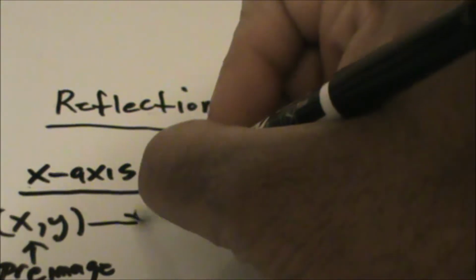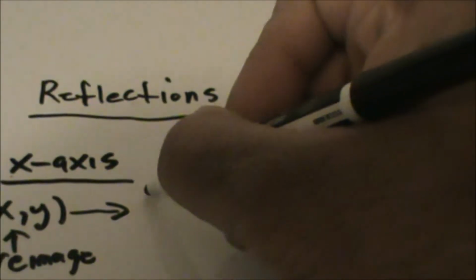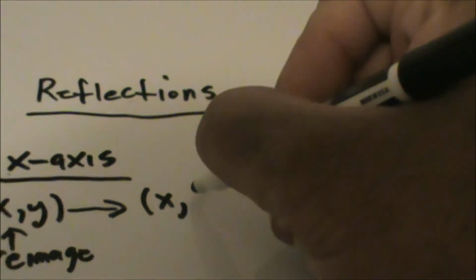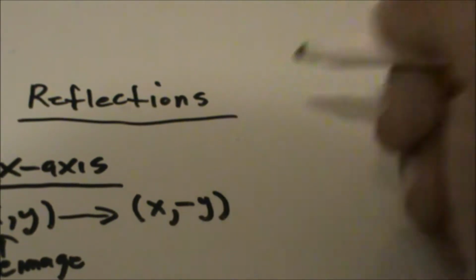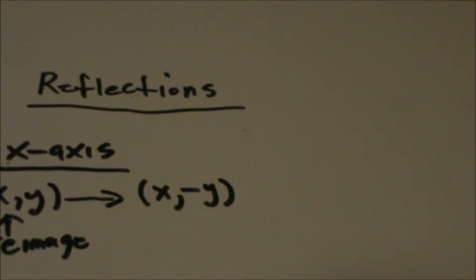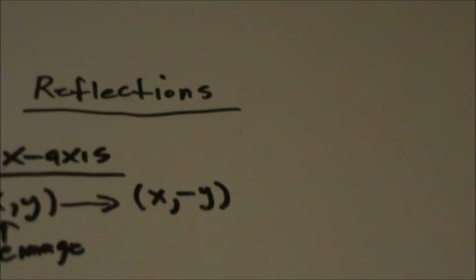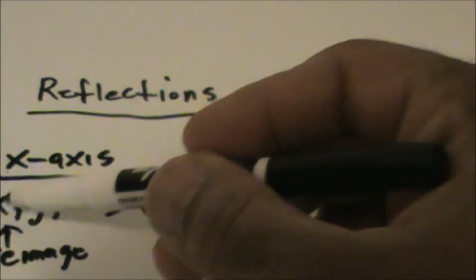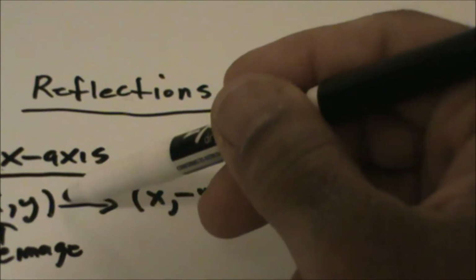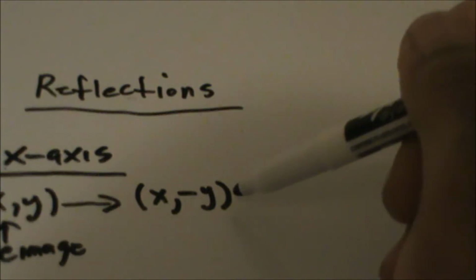And then it's the transformation, which is x stays the same, but there's a negative multiplied to the y value. So if we have points, the pre-image, its existing image is x and y, but in its transformation, x stays the same, but y changes.